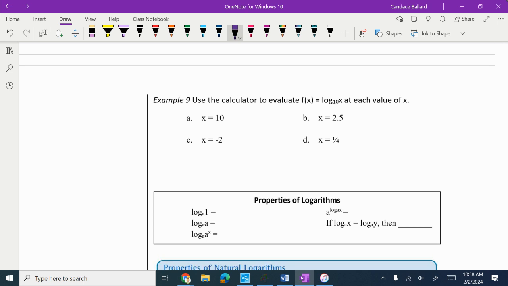It says they gave us 4 different numbers to plug into this function. So I'm going to use my good function notation and say f of 10 equals log base 10 of 10. So I'm substituting in for the x, just like I would in any other algebraic equation. I'm going to go to my calculator and find a number.